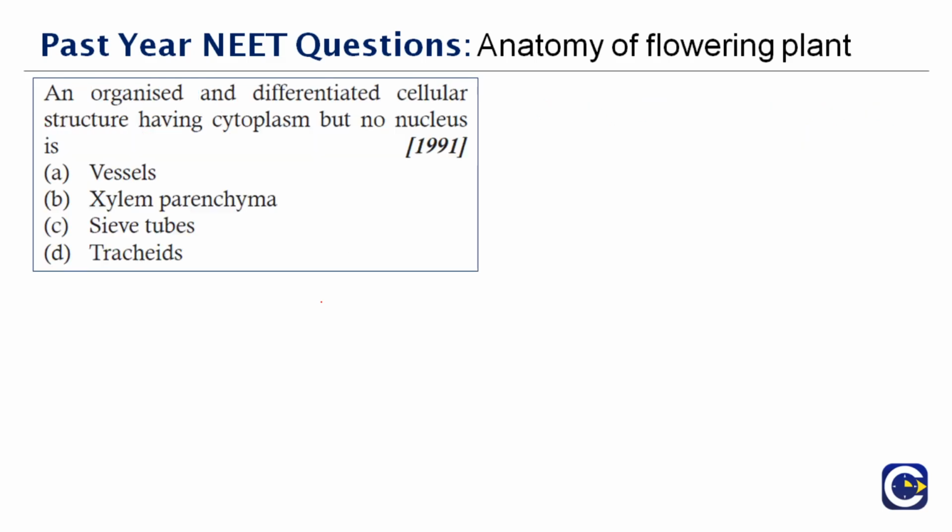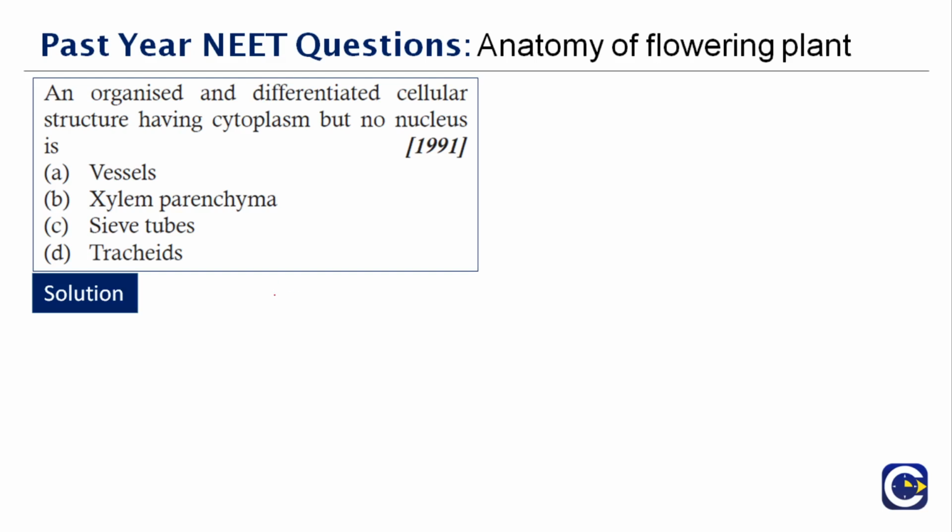An organized and differentiated cellular structure having cytoplasm but no nucleus is dash. This is another easy question. You have four options here: vessels, xylem parenchyma, and so on. We already discussed this.